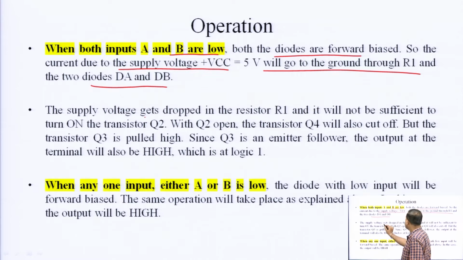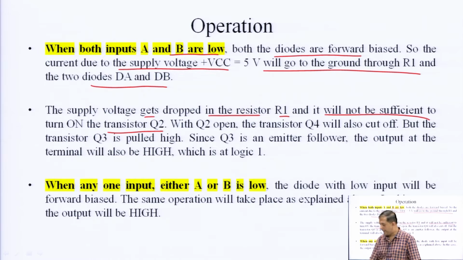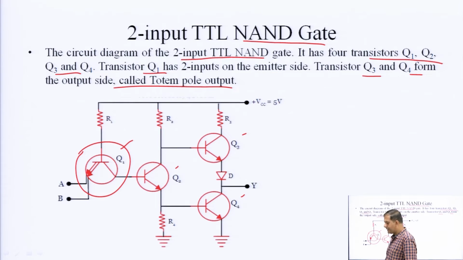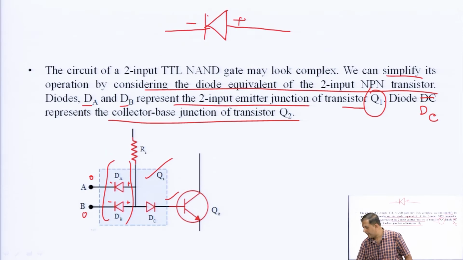The supply voltage gets dropped across the resistor R1 and it will not be sufficient to turn on the transistor Q2. Here you can see the supply voltage is coming, and we have taken up to this part only. The current will go through this path, and no current will be in this part.